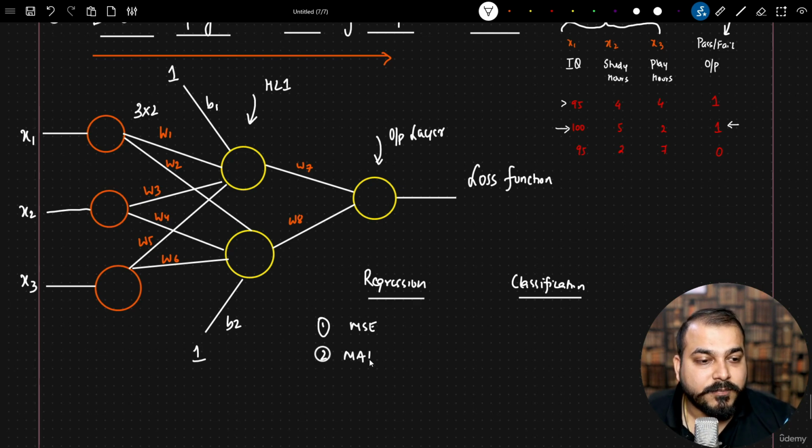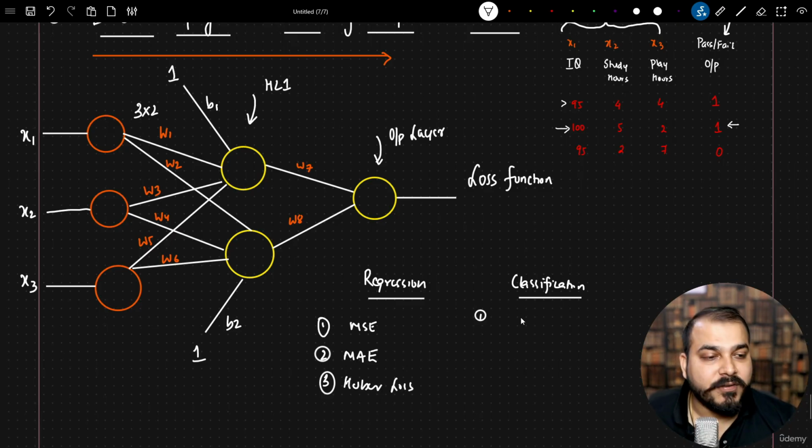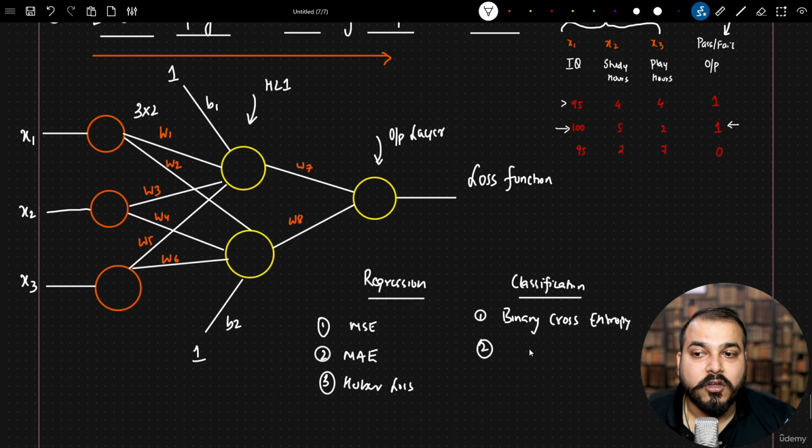For regression, I have something called mean absolute error. The third one that I can basically use is something called Huber loss, right? Similarly, in classification, I have different loss functions like binary cross entropy, and then I also have something called categorical cross entropy. We'll discuss this, don't worry, okay?